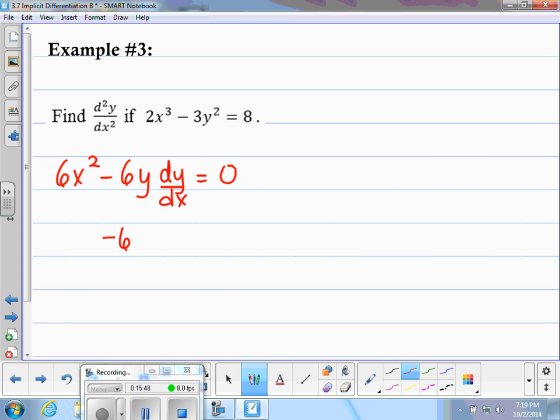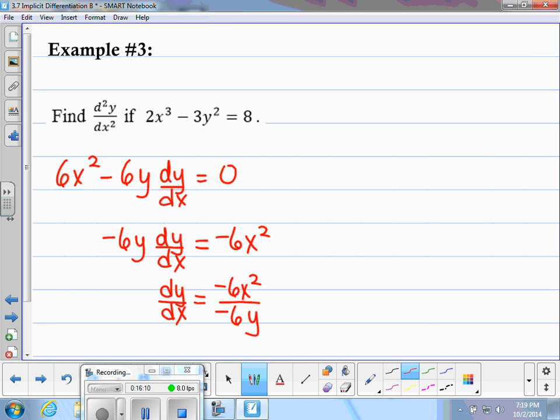So I have negative 6y dy/dx equals negative 6x², because I moved that over. I've got to get rid of the negative 6y, so I divide both sides, and I get dy/dx equals negative 6x² divided by negative 6y.